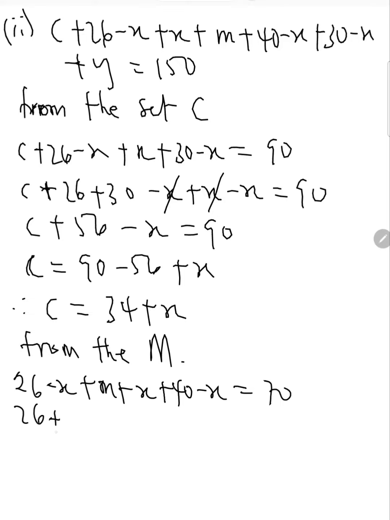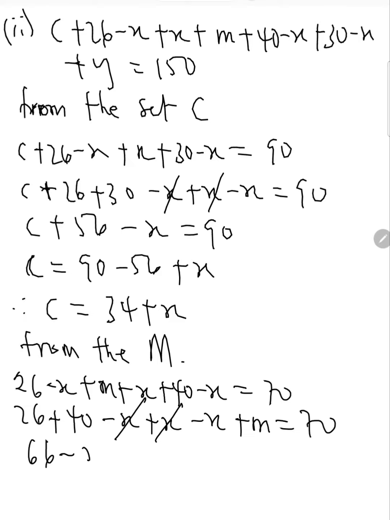Likewise, I group like terms. So 26 plus 40 minus x plus x minus x plus m is equal to 17. So 26 plus 40 will give me 66. This will cancel this. We are left with minus x plus m equal to 17. So because we want the value of m, let's make m the subject.